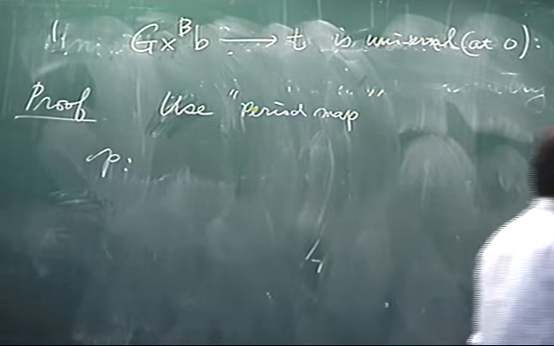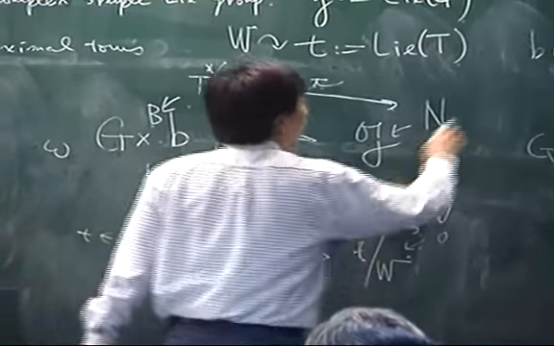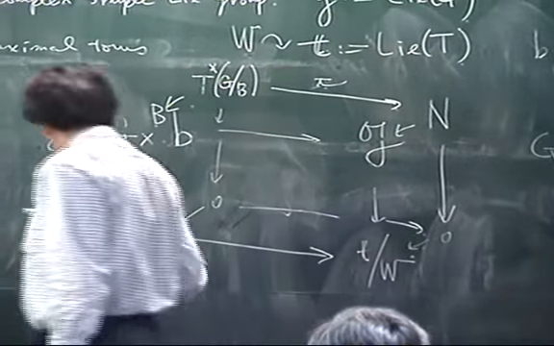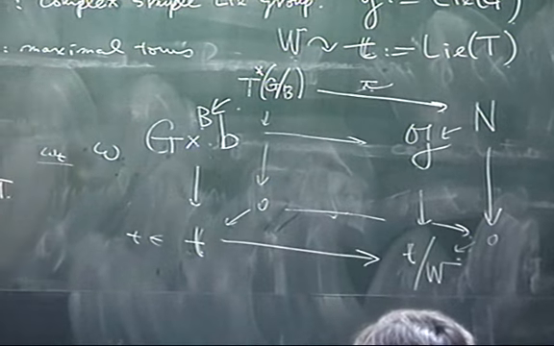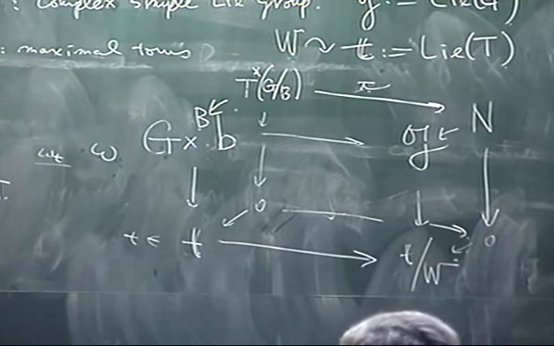So for each point t, you get the holomorphic symplectic 2 form.